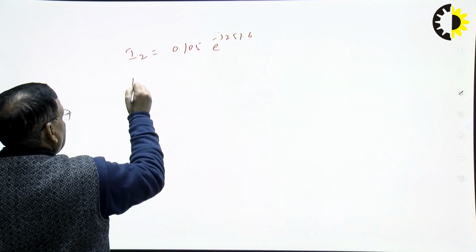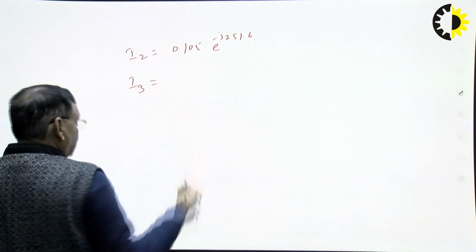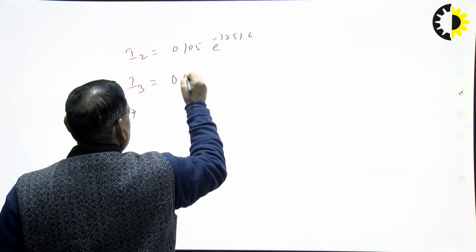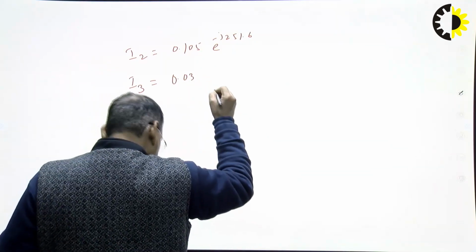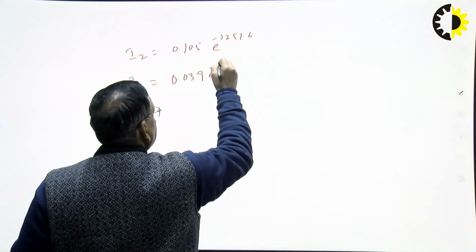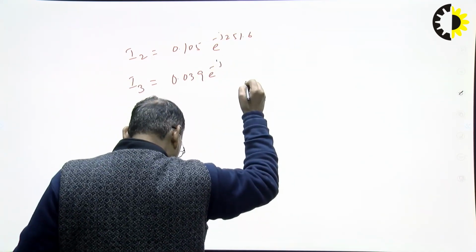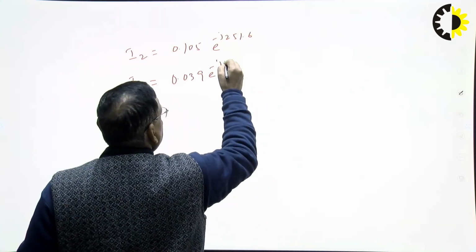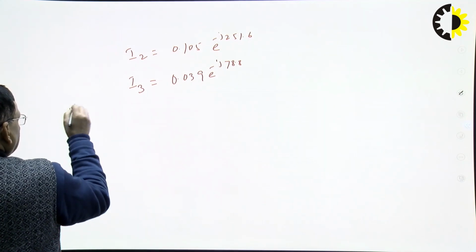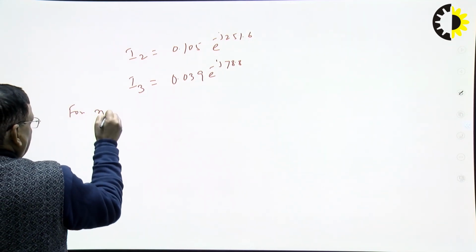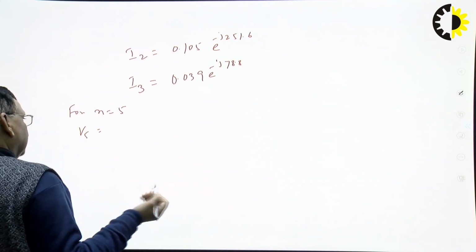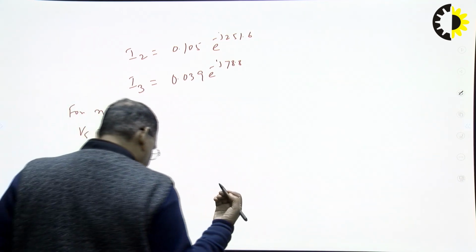Now come to the third component. For n is equal to 5, it comes to 0.039 e to the power minus j78.8, because we can calculate V5, or you can say V3, whatever it is.